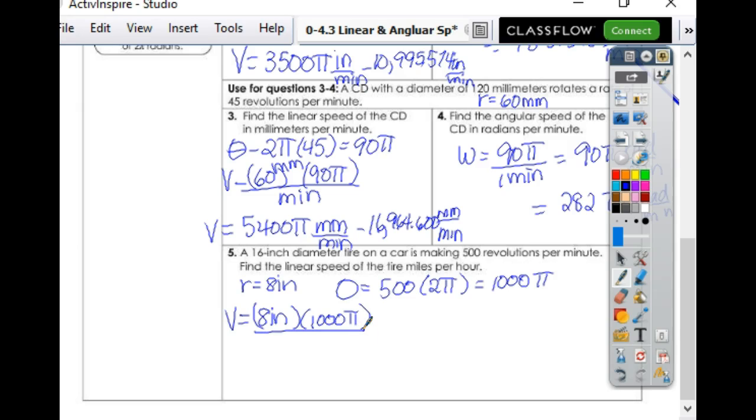So I have 8 inches, 1,000 pi. Now, what was the time on my revolution? Because that's what always goes with the V. It's minutes. So I'm going to put 1 minute. So this is going to give me 8,000 pi inches per minute.